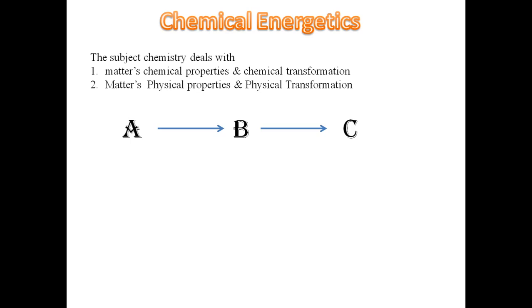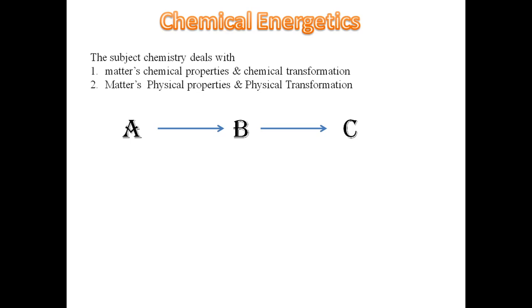What is there in our subject? We deal with matter, its chemical properties and its chemical transformation, and matter's physical properties and physical transformation. This term transformation itself indicates some sort of movement.